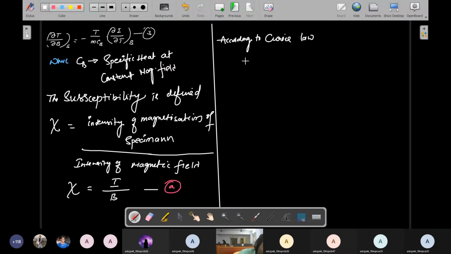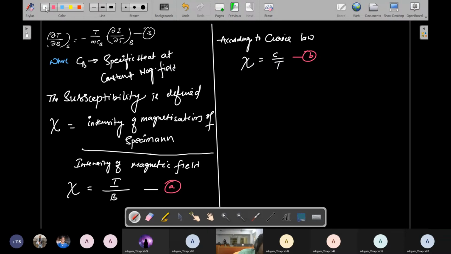Susceptibility xi is equal to C by T. This theory is already studied at intermediate level. In Curie's law also you can calculate the susceptibility of that magnetic specimen. Susceptibility xi is equal to C by T. So I mention this as small b, equation B.